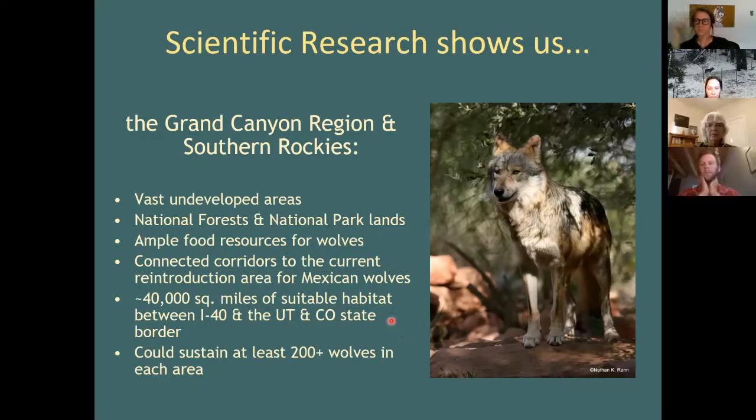They are connected through corridors to the current reintroduction area. And the area just north of I-40, between I-40 and the Utah-Colorado state border, would add an additional 40,000 square miles of suitable habitat, and even more if we looked at the potential suitable habitat in the states of Utah and Colorado. And each of these core population areas could sustain at least 200 or more wolves.